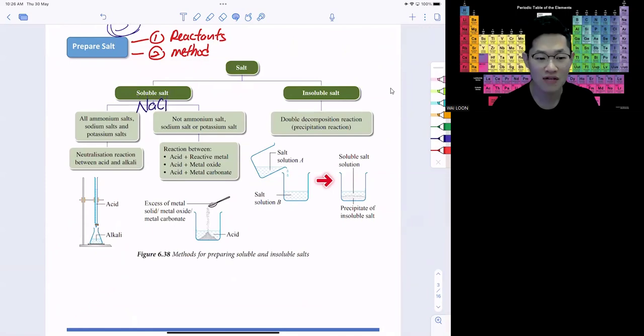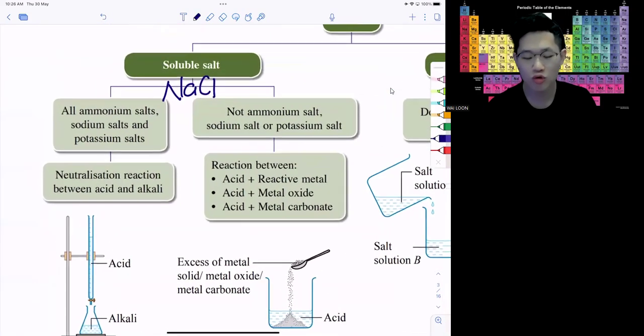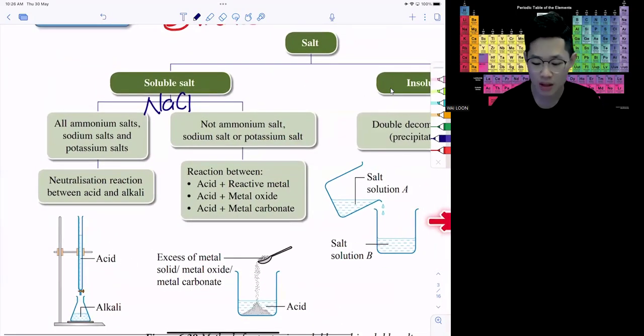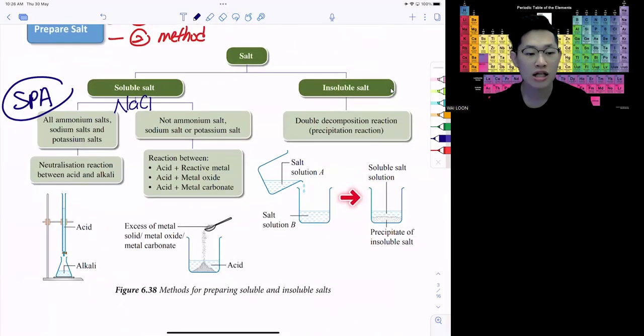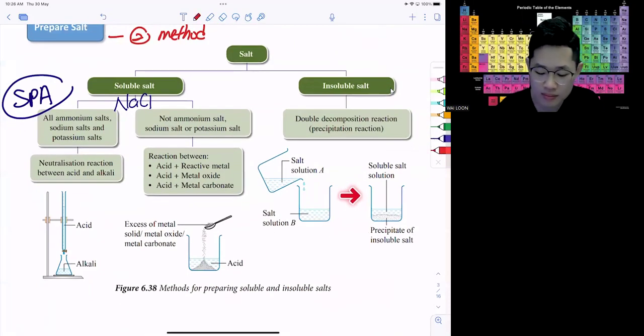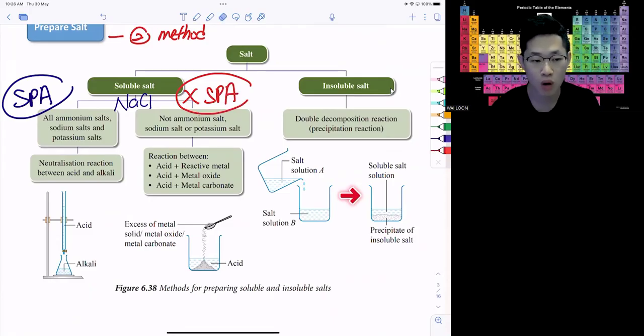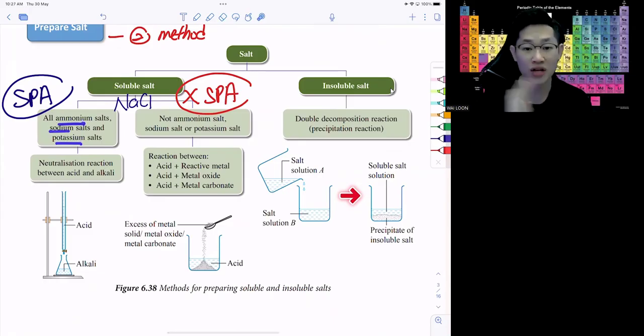When it comes to the left-hand side, there are two types of soluble salt. We can have soluble SPA salt and soluble non-SPA salt. What is SPA? SPA is sodium, potassium, ammonium without nitrate.